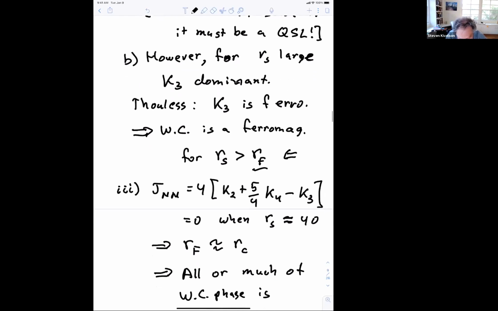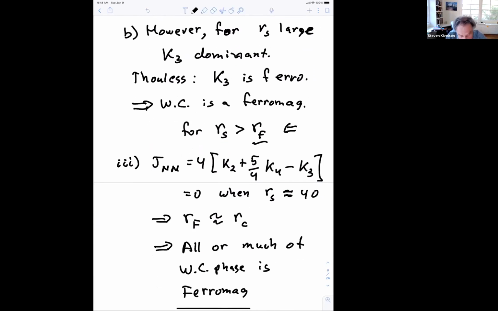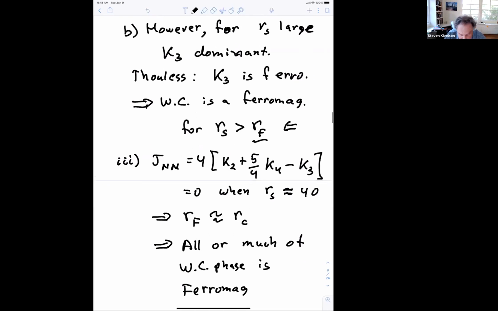To estimate RF, what we did was we calculated the contributions of the different exchanges, up to 6 particles, to the nearest neighbor S.S exchange interaction. And it's some combination of contributions from 2, 4, and 3 particle exchange. And we asked at what value of RS does this change sign from being negative at large RS to being positive at smaller RS.